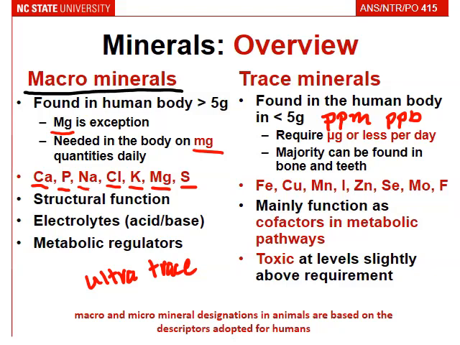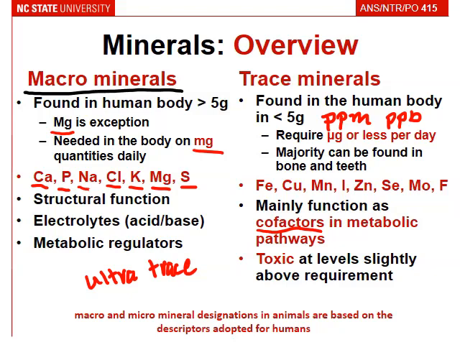And these minerals are basically acting more as cofactors in metabolic pathways. In addition, there's usually a very narrow range between meeting the requirement and the point at which that mineral becomes toxic. So the toxic level is only slightly above the requirement.